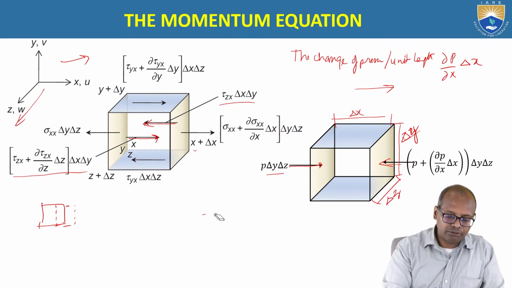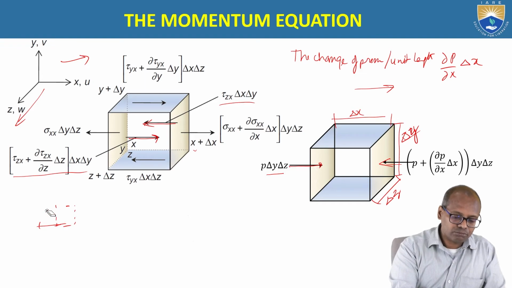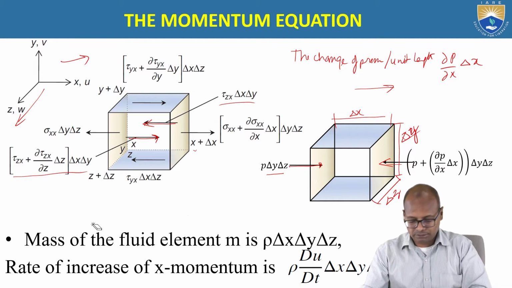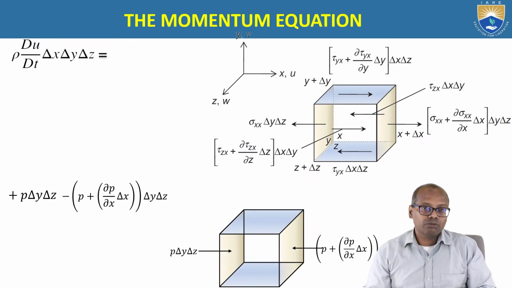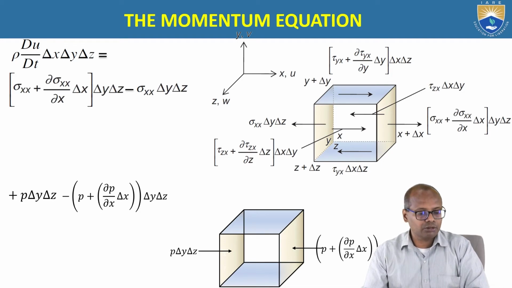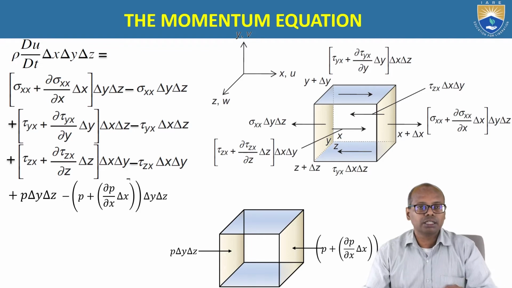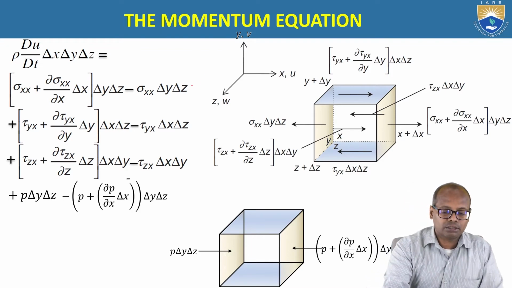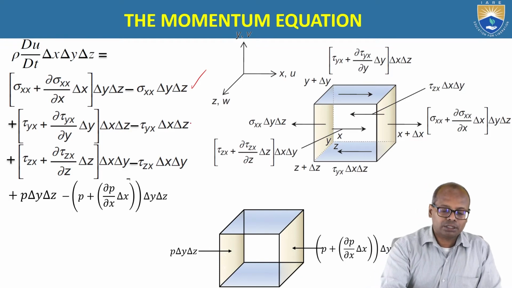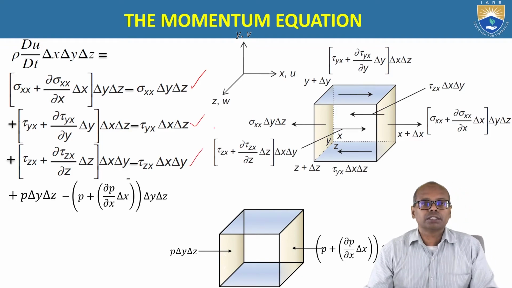Now coming to the derivation, we have the mass into acceleration momentum, and we have these three values. This is the stresses due to normal forces, and this is the stresses due to the tangential forces.